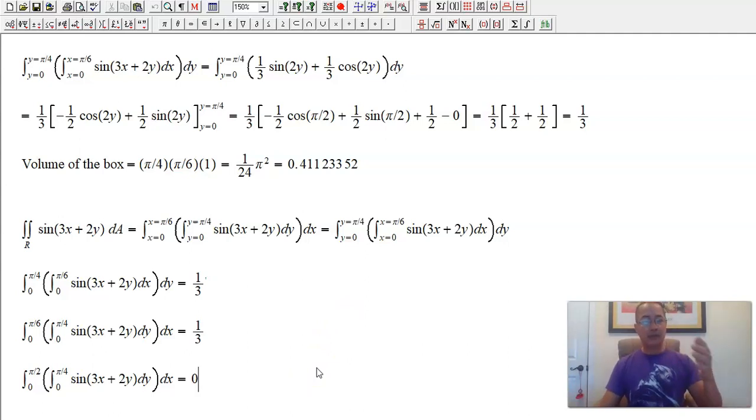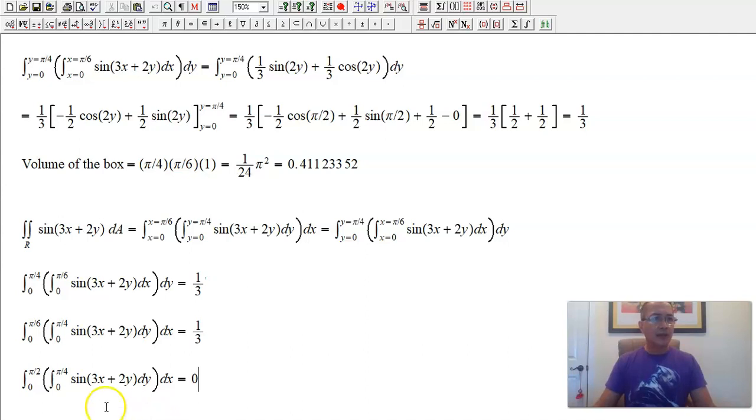It does look like the top of that solid and the bottom have the same volume. Remember this happens in calculus, right? If you integrate sine one period, the upper part cancels with the lower part. So that definite integral from 0 to 2 pi will be exactly 0.